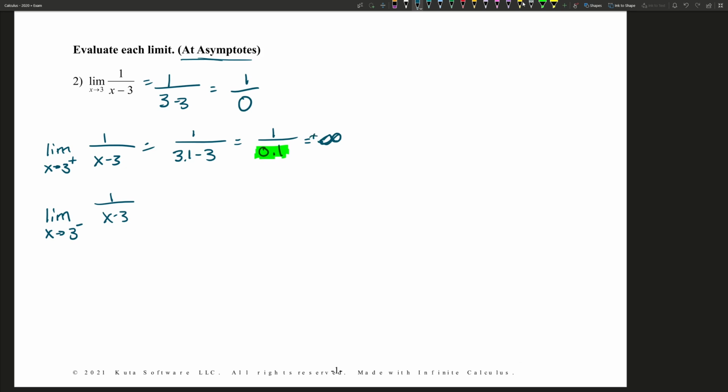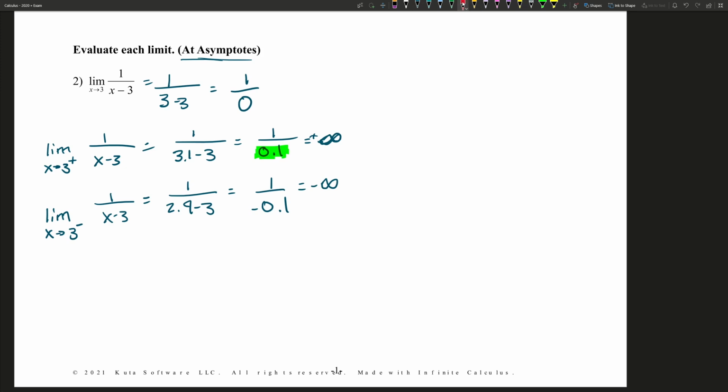It's positive infinity. If we do the same thing for the left-handed limit, this time we're coming from the left, so it'll be something like 2.9 minus 3. That'd be 1 over negative 0.1, where the same behavior occurs, except this is negative.